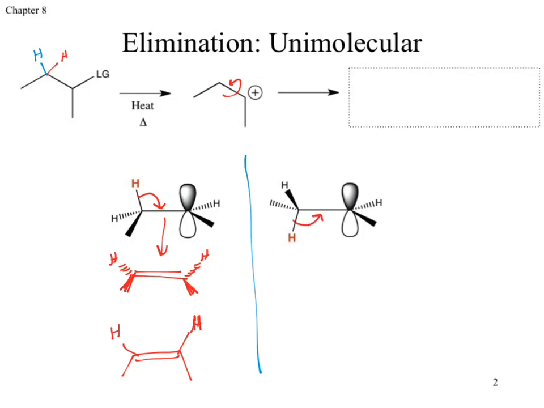What's the end result if that's the case? Well, our wedges are still coming out at us. What's the wedge on the leftmost atom? A hydrogen. On our rightmost, our carbon or our methyl. We also have the dashes.